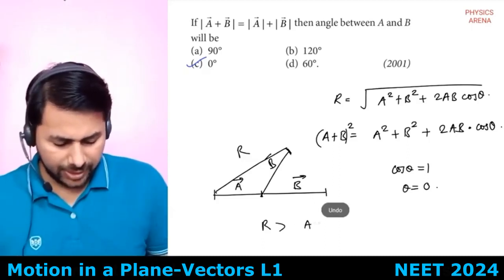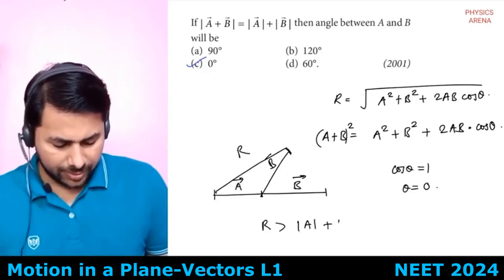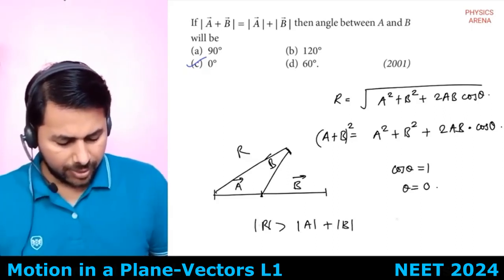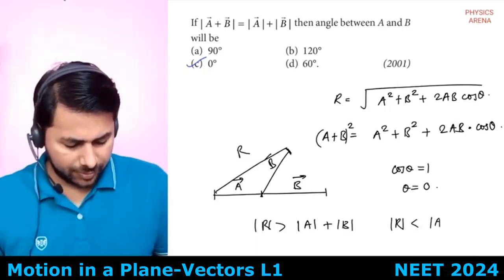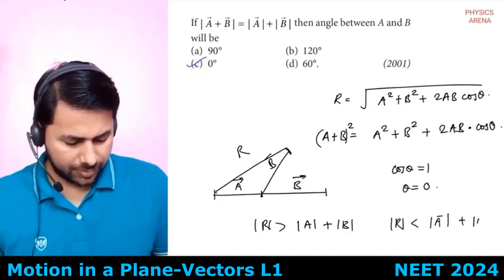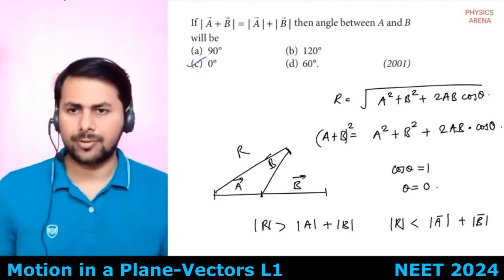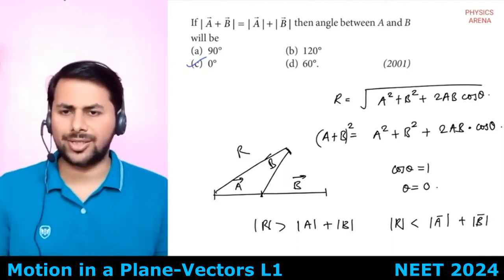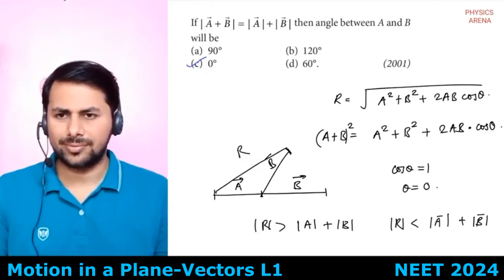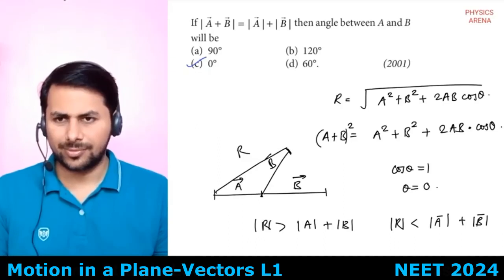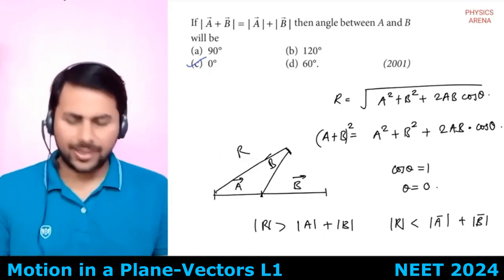Is this thing correct or is this thing correct? First one is correct or second relation is correct? Second relation. Good, second relation is correct.